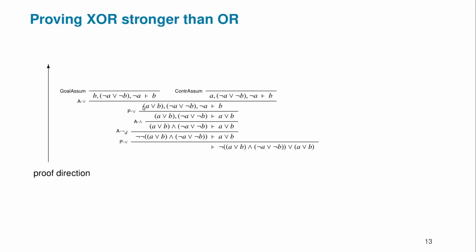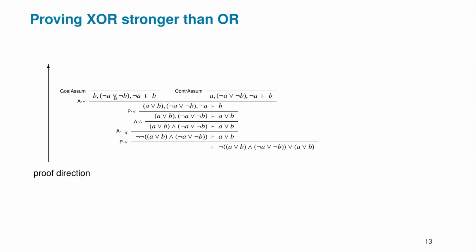I decide to continue with this formula A or B, and then we get a case split: in the one case we have A now in the assumption, and in the other case we have B in the assumption. If I look at the case where B is in the assumption, then I have an axiom because I have B here and I have B also here in the goal.